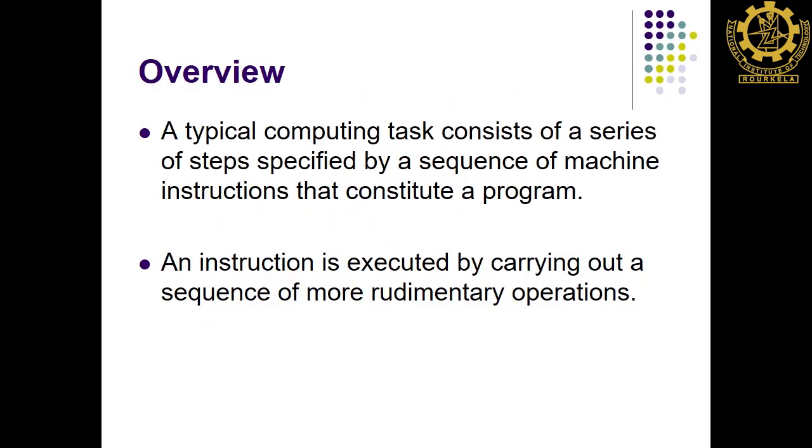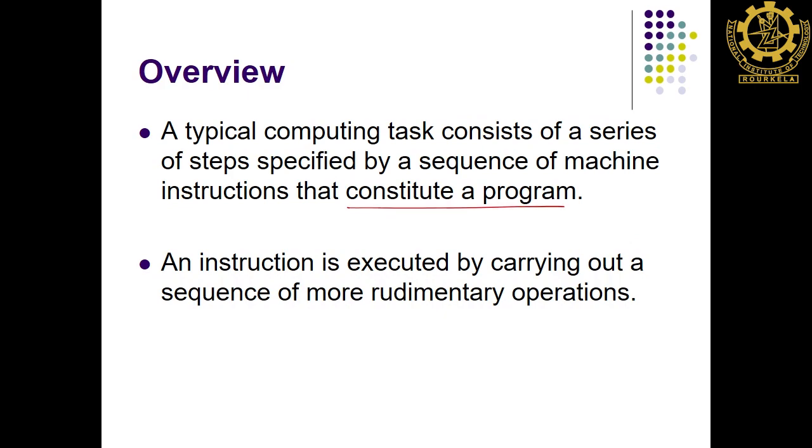The chapter is 7 in Hamacher. It is very easy to read. A typical computing task consists of a series of steps specified by a sequence of machine instructions that constitute a program, which has been discussed earlier also.